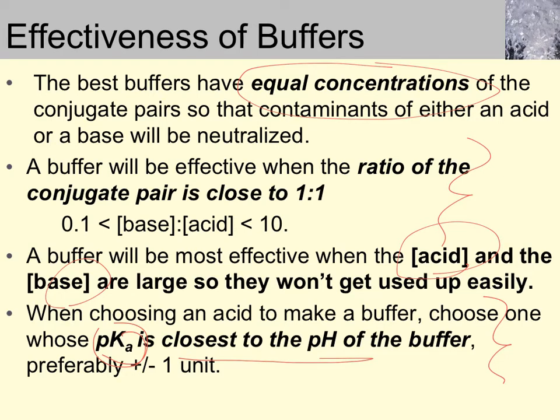When choosing the best buffer, you first want to know whatever pH you want to control that system at. So let's say you want a pH to be maintained at around 5. That means you need to pick a weak acid whose pKa is closest to 5 as you can possibly get. It is okay to vary pKa by plus or minus 1 unit, but no more, in order to get an effective buffer.